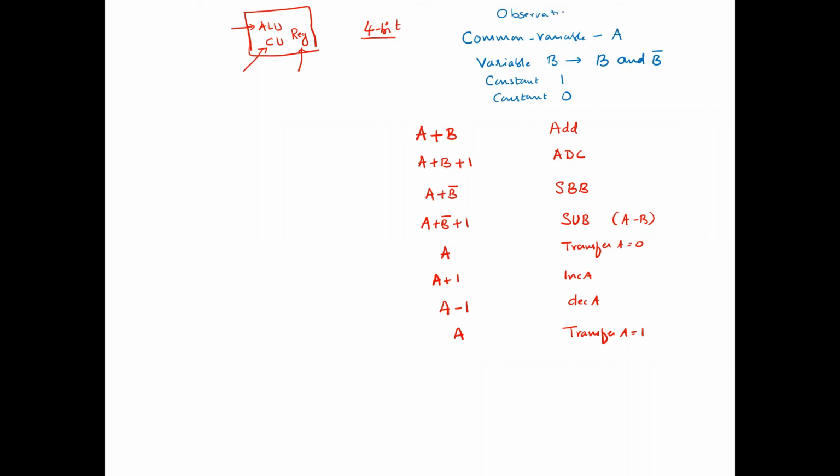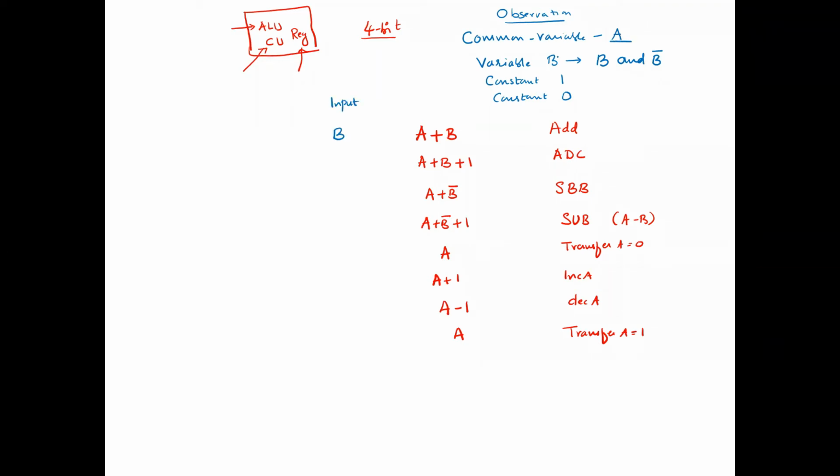When I decided to design 8 such arithmetic operations, looking at them I came to the conclusion that variable A does not change. For variable B, sometimes I need B and sometimes I need B bar. And sometimes we need constant 1 and sometimes constant 0.